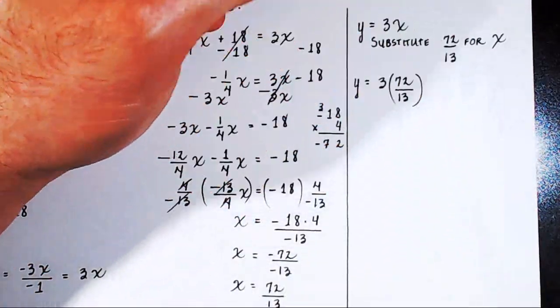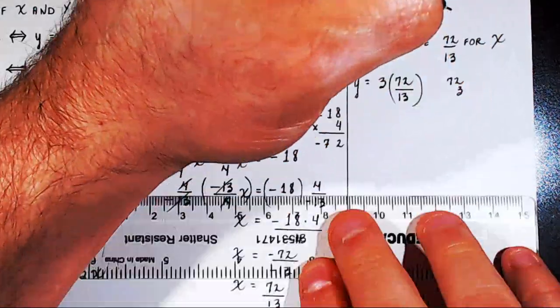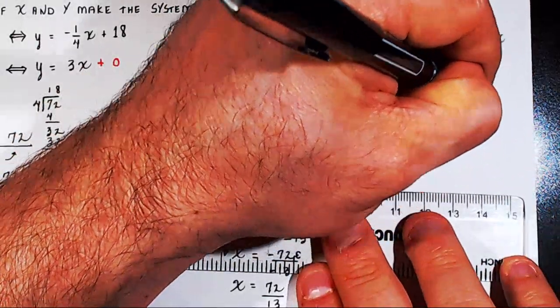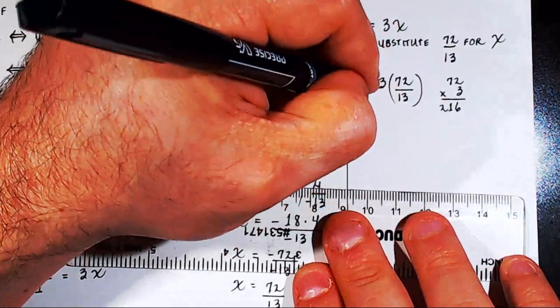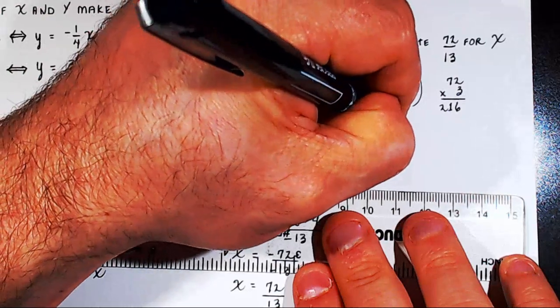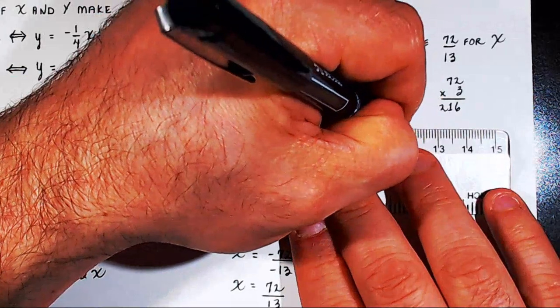So what is 3 times 72? Oh, okay, 72 times 3. 2 times 3 is 6. 7 times 3 is 21. That gives me 216 over 13. Y equals 216 over 13.